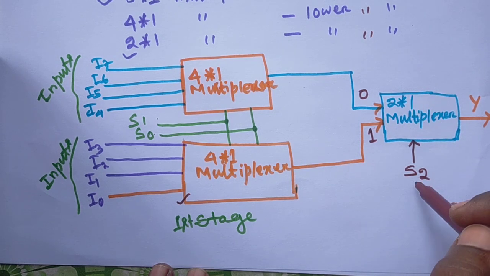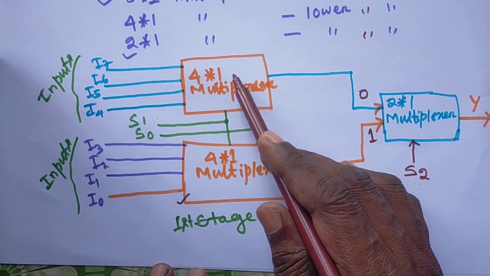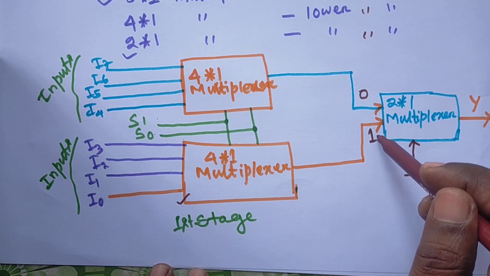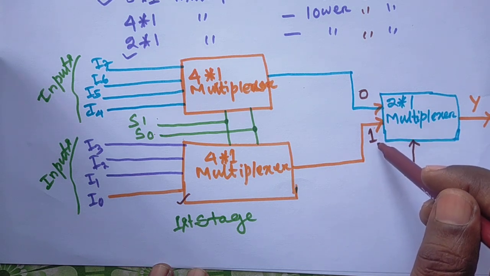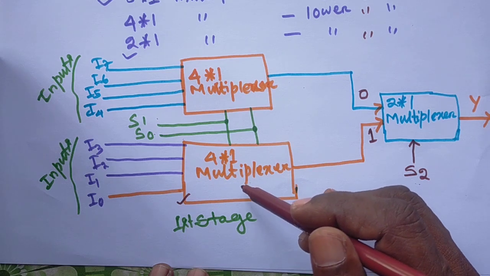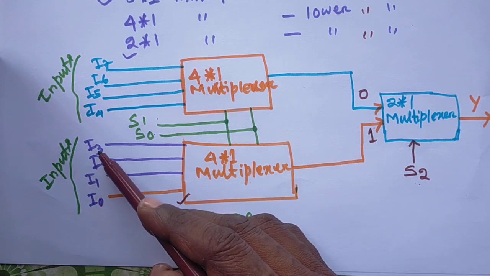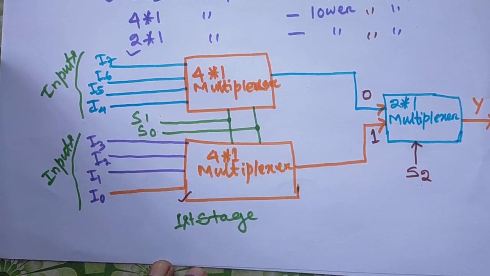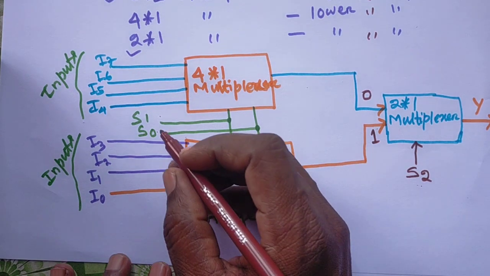In a very simple way, if the selector is 0, this is inactive. If it is 1, the other is 0 automatically. Then what happens? It will activate, which means it will receive I0 to I3. Which value it will receive depends on S0 and S1.